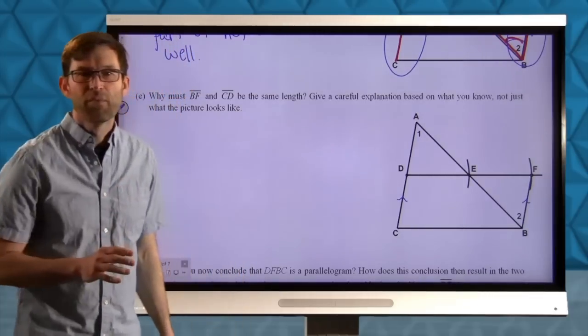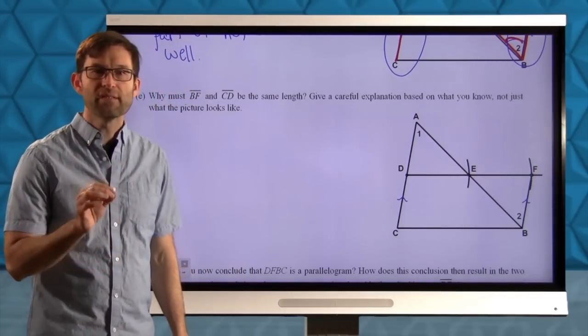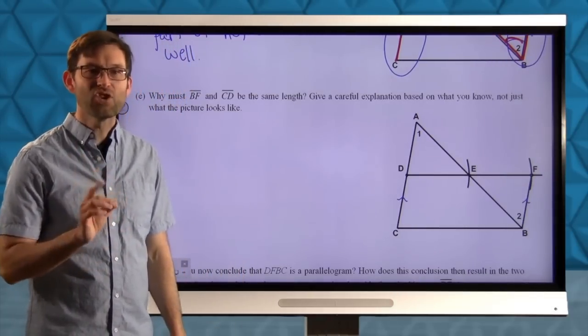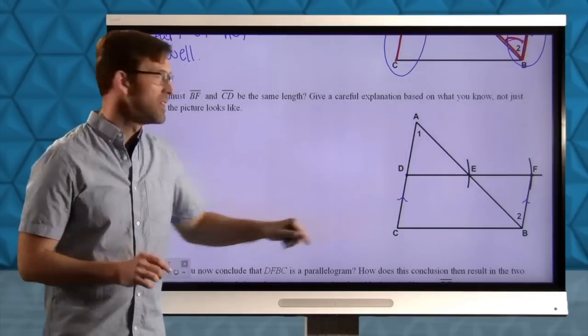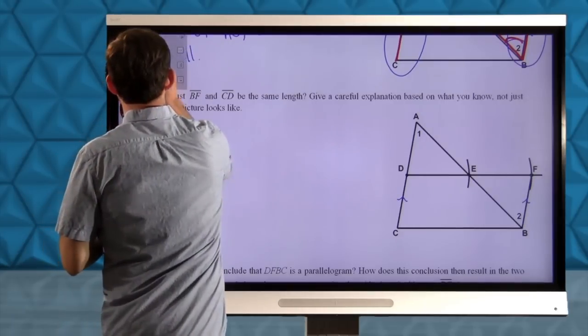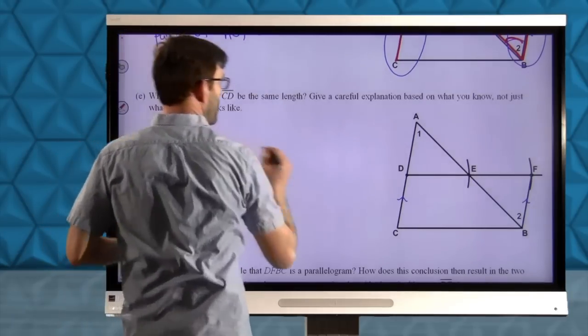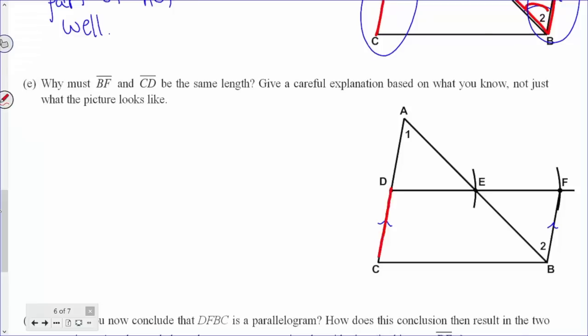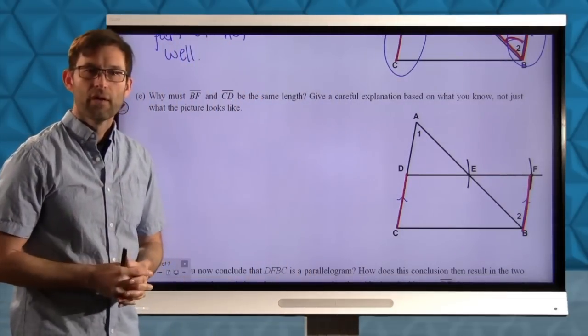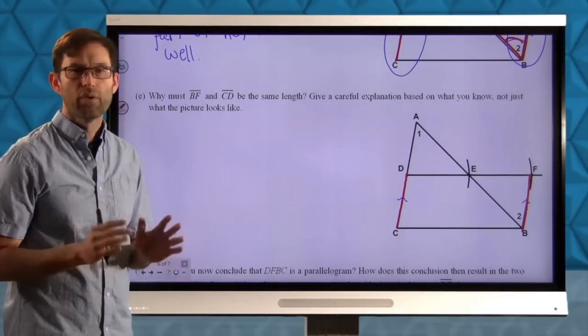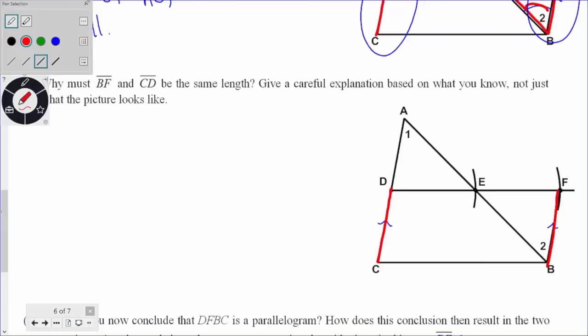Now notice I say, give a careful explanation based on what you know, not just what the picture looks like. So again, let's go red. Why do CD and BF have to be of equal length? Based on what you know. I want you to think about this a bit.